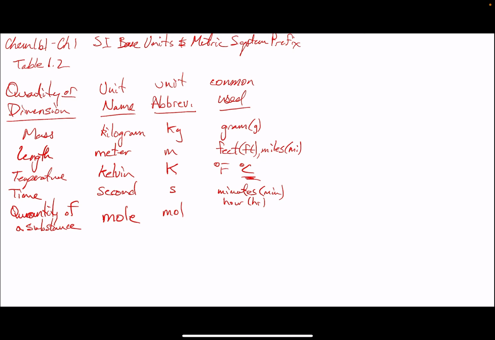And something that reports out groups of things that you might be used to might be, for example, a dozen, which you're used to counting in groups of 12 in that case.